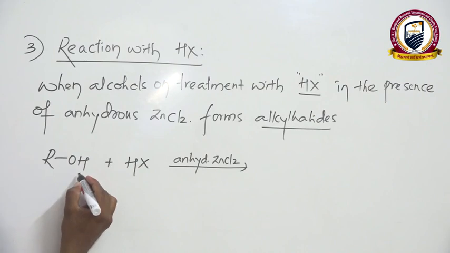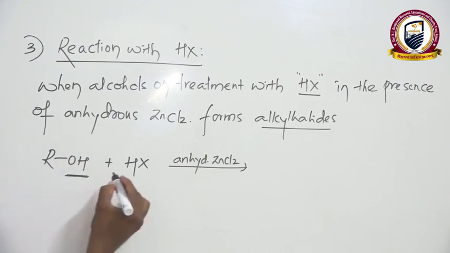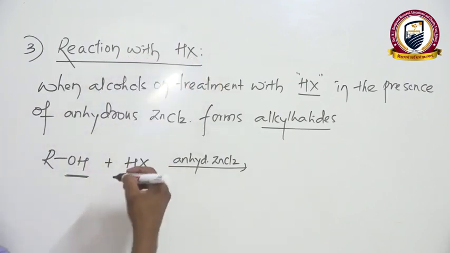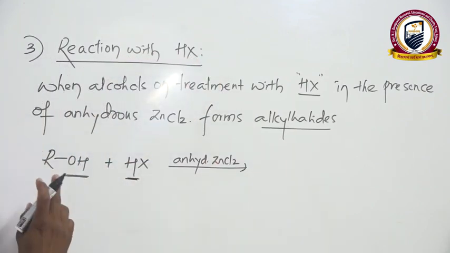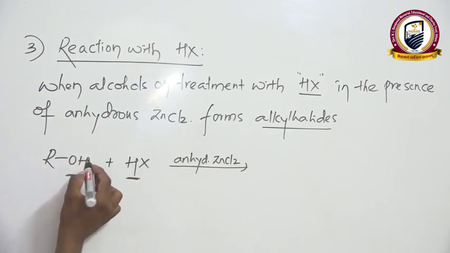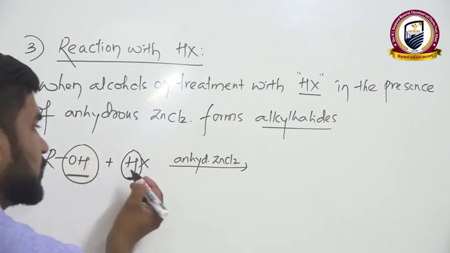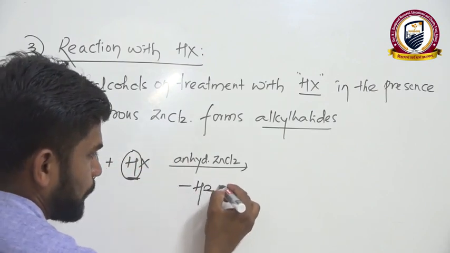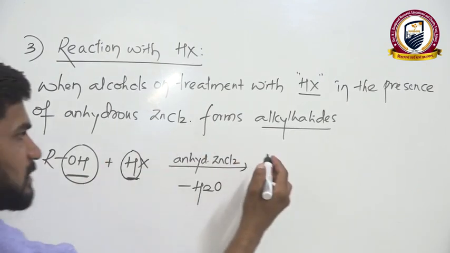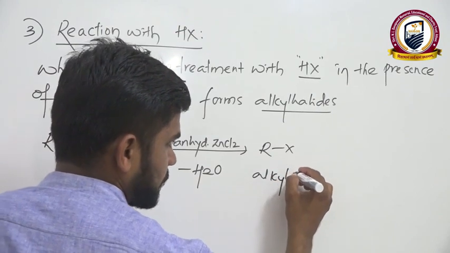Here the OH from the alcohol and the H from the hydrogen halide are eliminated as H2O, and there is a formation of the compound called alkyl halide, RX. We remove this OH and this hydrogen; these two go as water, H2O. We are left with the R group and X. That RX is commonly called alkyl halides.